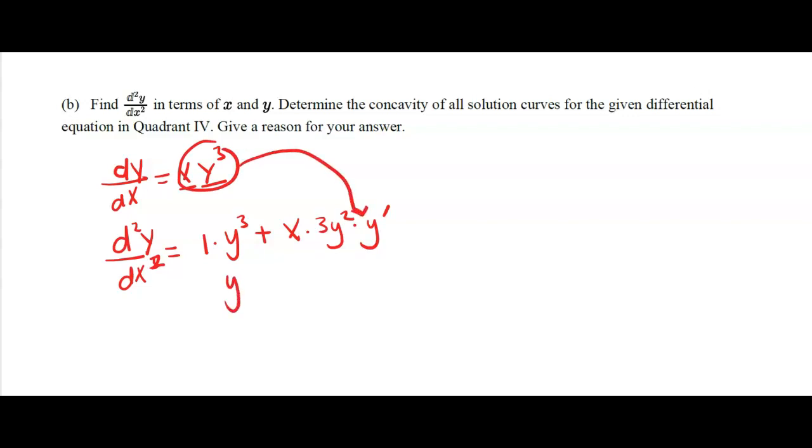And so we have y cubed plus x times 3y squared times the first derivative, which is xy cubed. And if we simplify this by multiplication, we end up with 3x squared y to the 5th. And there's my second derivative.